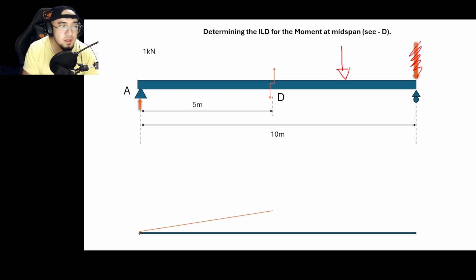In the graph here at the left, if you plot the result of the moment if the load is here, you would be arriving at the exact same answer, whatever that value is. So its relation would just be a straight line from this point up until this point. Okay, next up.